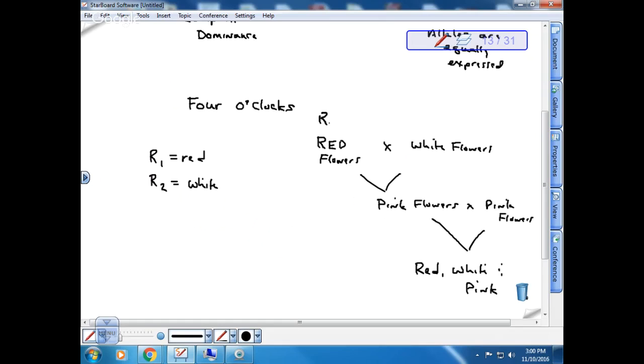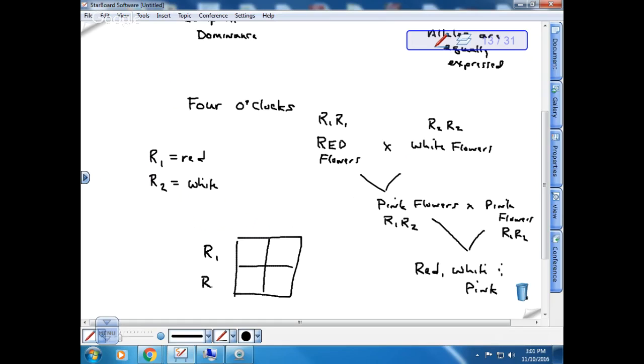So red would be R1, R1, white is R2, R2. Pink would be heterozygous, R1, R2. And you could put these in a Punnett square like this, where you'd have R1, R2, R1, R2, and then you'd have red. 1/4 would be red.